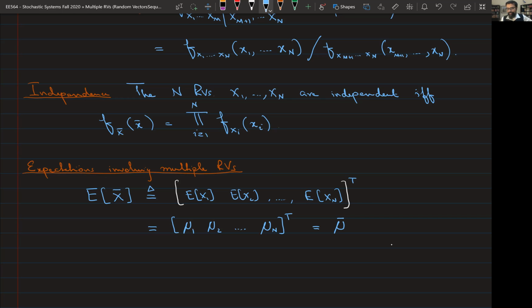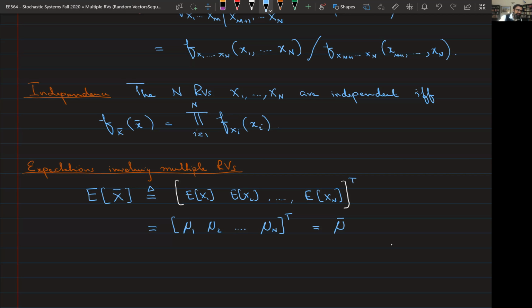Any questions about this notation? I'm going to start building up on it quite a bit, so it's important that you get this clear. The expectation of a vector means the expectation goes inside the vector and applies individually to each of its elements.